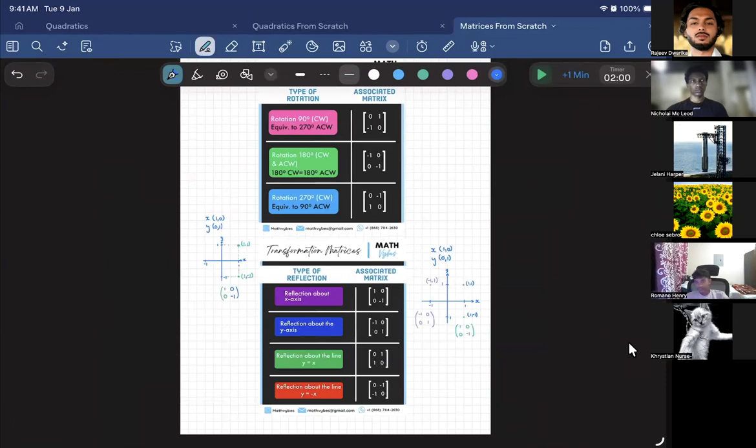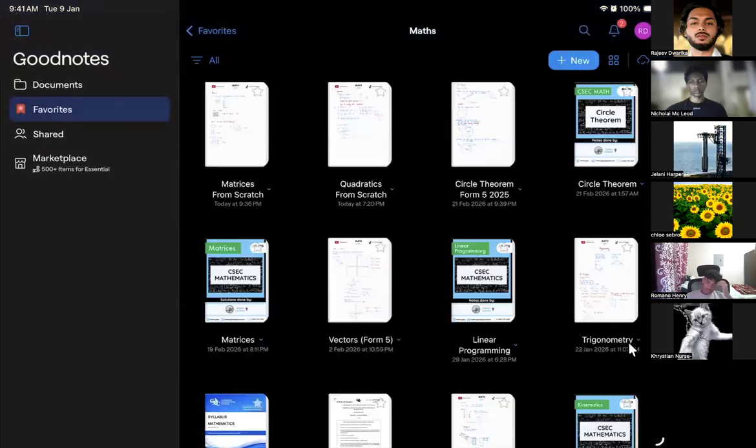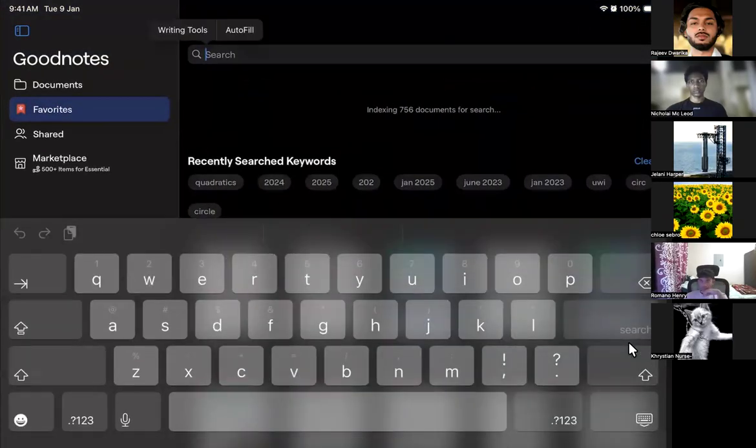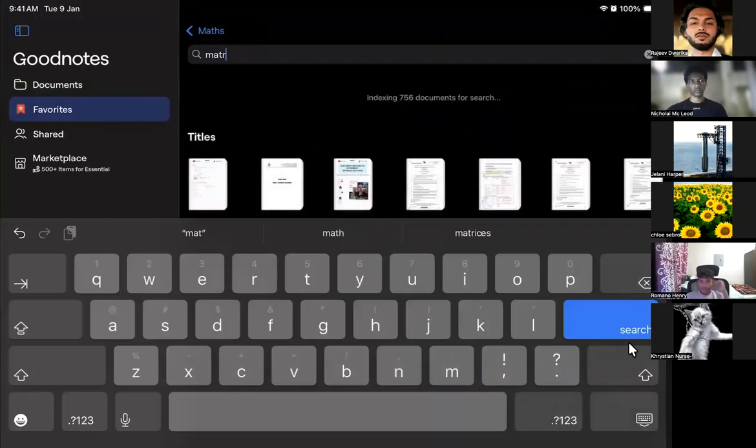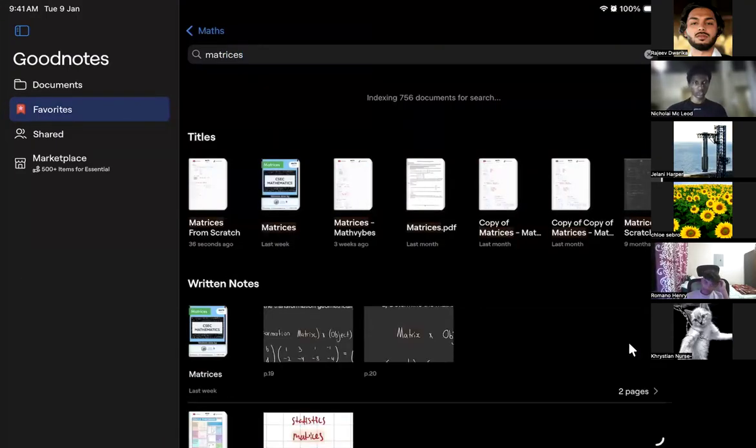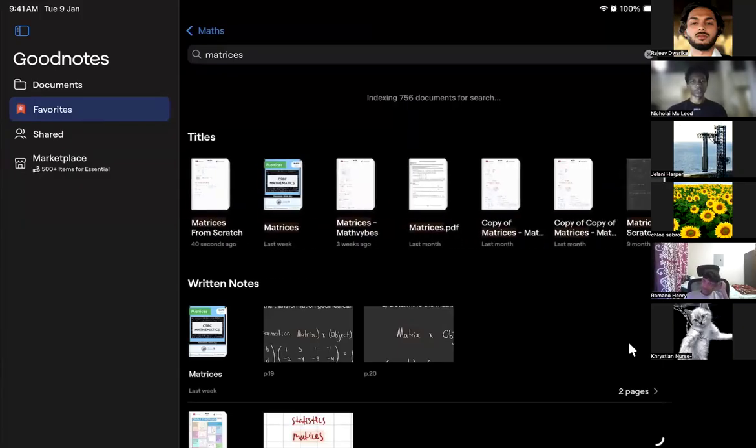All right. So let me show you guys some other stuff you need to know. How are you all with simultaneous equations? Talk to me, guys. Good enough, sir.